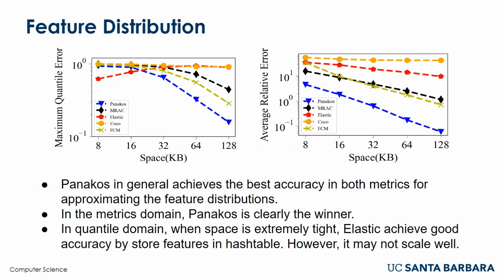For feature distribution, the x-axis is the space, ranging from 8 kilobytes to 128 kilobytes. And the y-axis is either maximum quantile error or the average relative error. Here, the blue line is Pentecost, and lower y-axis value means better accuracy.